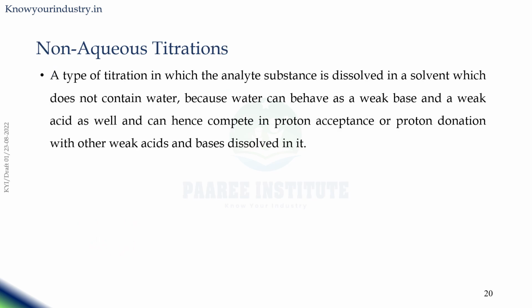Now we are moving to the final method of titrimetric assay, or titrimetric analysis, which is non-aqueous titrations. This is a type of titration in which the analyte substance is dissolved in a solvent which does not contain water.